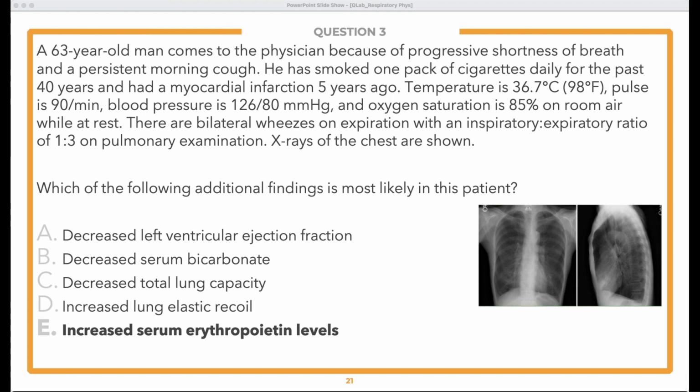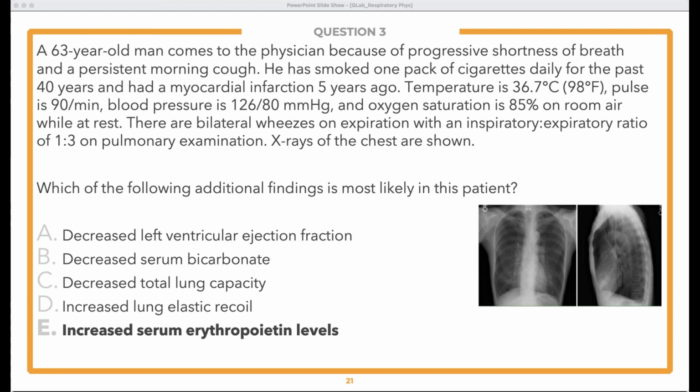So when we have a chronic hypoxic state, it is a trigger for our body to say, hey, my organs are not getting enough oxygen, I need more RBCs to bring me more oxygen. Therefore, it's going to trigger erythropoietin secretion from the kidneys to make the bone marrow work extra hard to make even more RBCs. That's why patients that are chronically hypoxic will be polycythemic. They'll have more RBCs in their serum. That's why this is the correct answer.